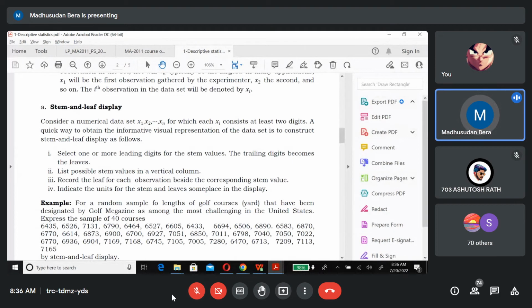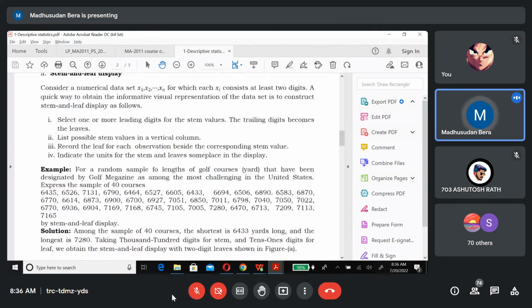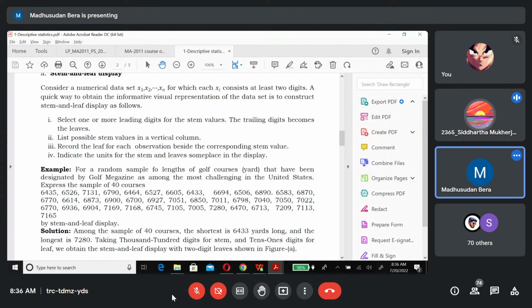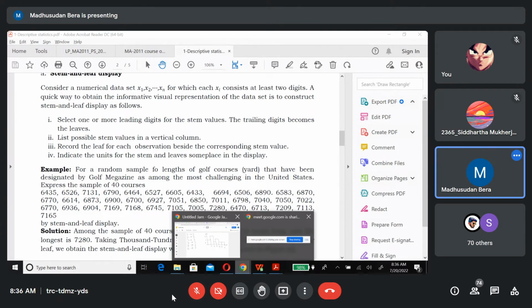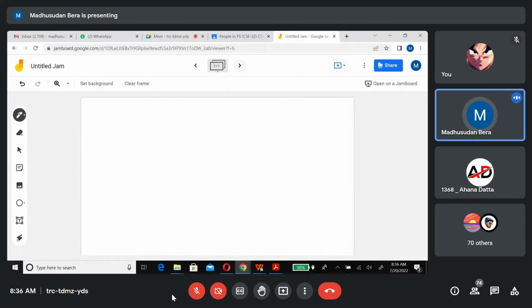I am not going into the actual definition. Suppose some 4-digit numbers are there. How can you arrange them? In ascending order, that's fine, but basically there are many ways. Suppose many 4-digit numbers are given; either we take 1 digit at a time or 2 digits at a time.